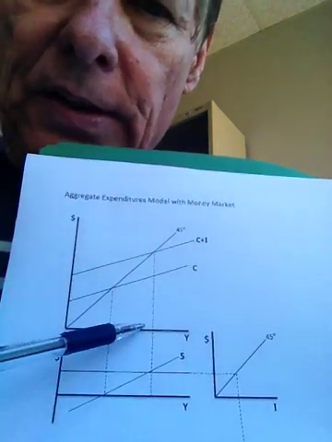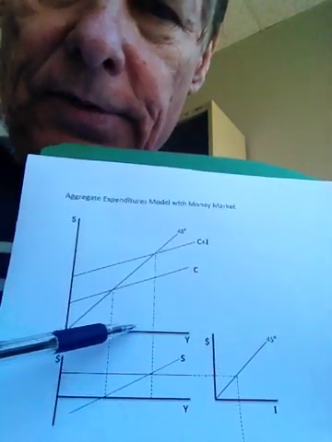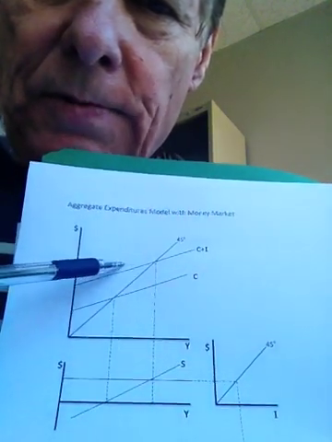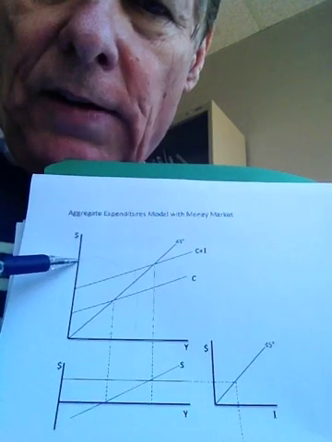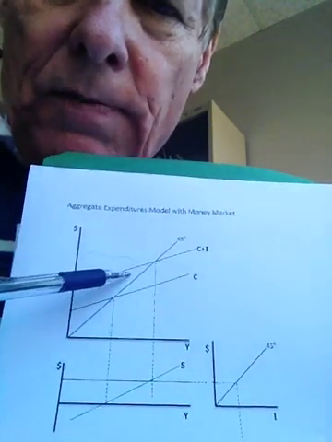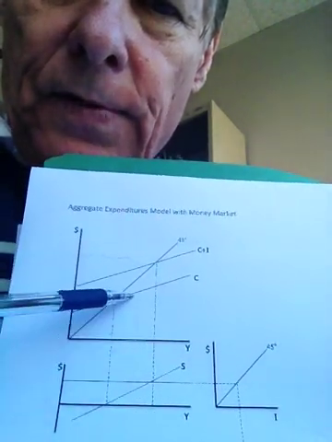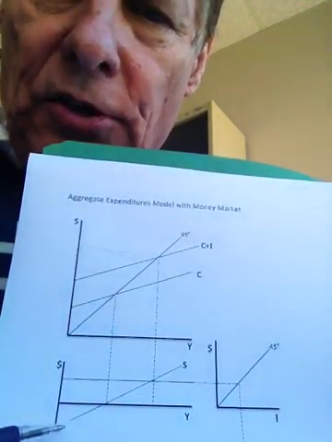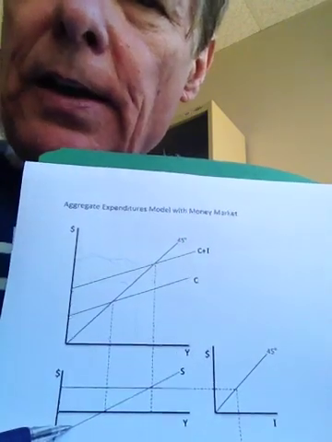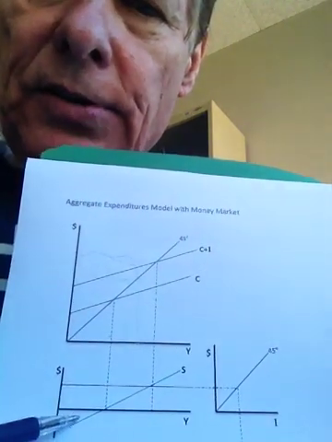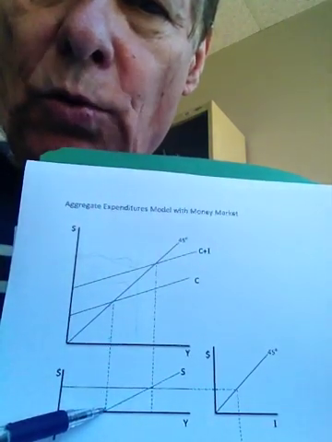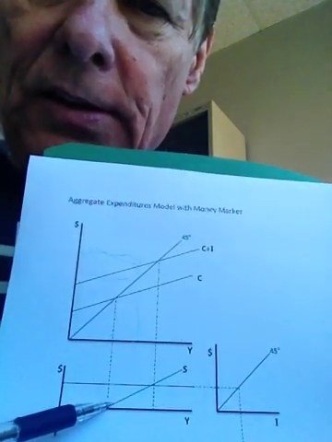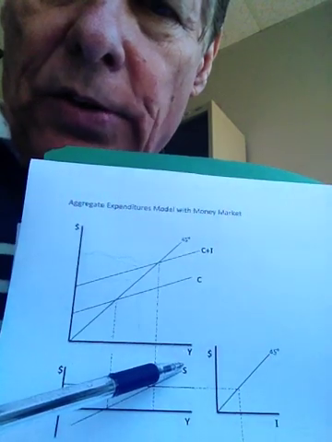At higher levels of income, like say here, draw it up to the consumption function, the level of consumption is going to be less than the level of income, and so there will be positive savings. So the savings function starts in the negative quadrant, intersects the zero axis at the point where the consumption function intersects the 45-degree line, and then continues here into the positive quadrant.